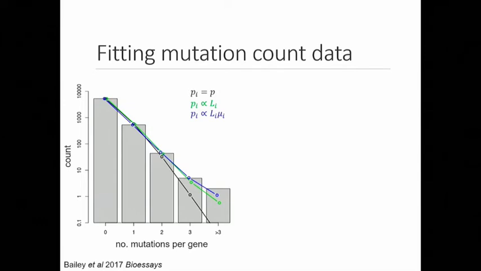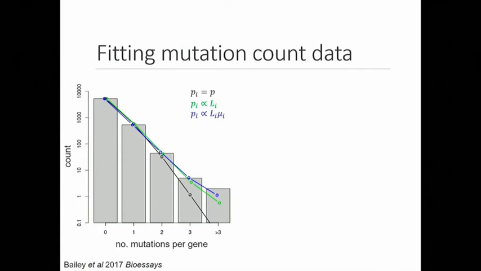So let me just explain what you're looking at here. These are 3 different models that are fit to these data. The black line is what we would expect the distribution to look like if there was no heterogeneity at all from gene to gene in terms of mutation rate. If you then assume that there is heterogeneity, and that all of it comes from differences in the length of the gene, that's the green line, and that helps to explain the data a little bit better.